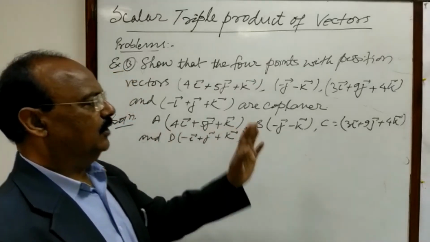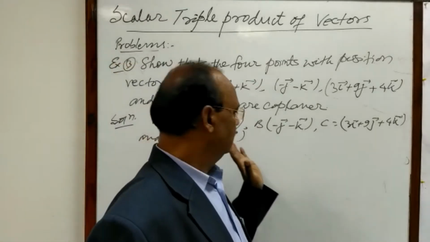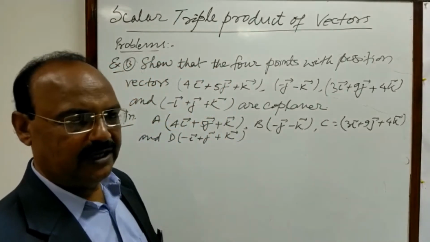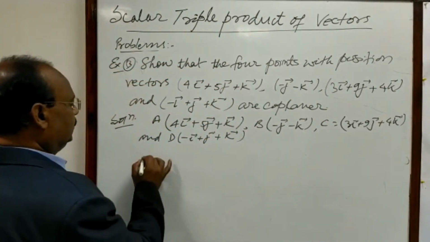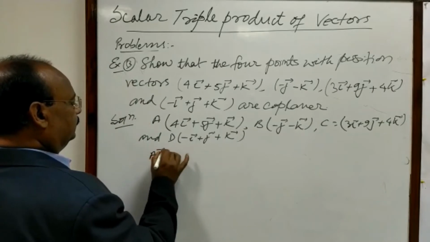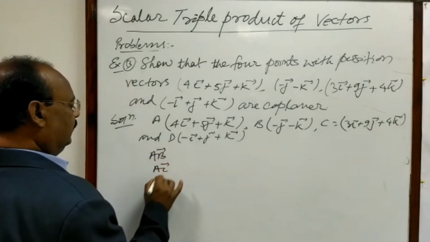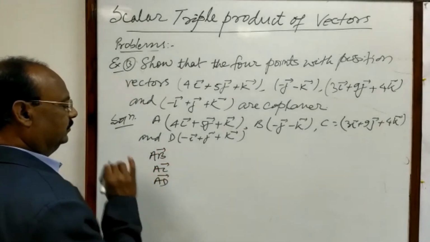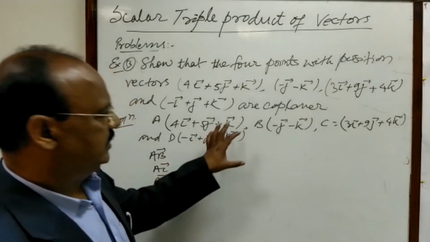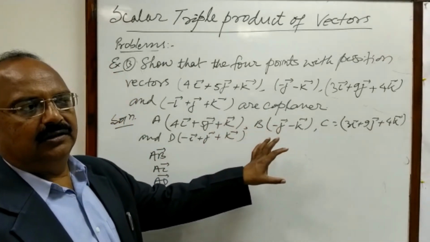So with the help of these 4 given points, let us find out vector AB, vector AC and vector AD, because these are position vectors.